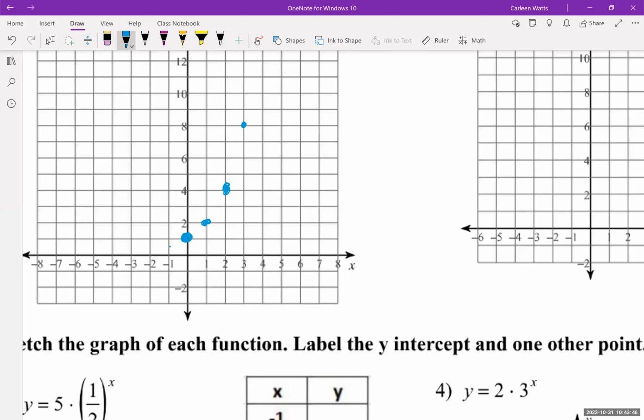When x is negative 1, we get 1/2. When x is negative 2, we get 1/4. Then we would get an 8th. Then we would get a 16th. It would never be 0. I missed, but there it goes. Rocket ship taking off. Now, it looks like it's curving up on the left. It's not. It's just getting closer and closer to the asymptote.